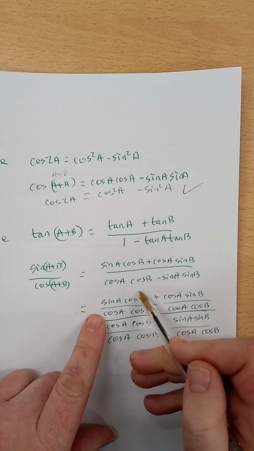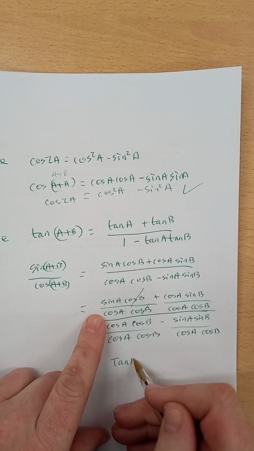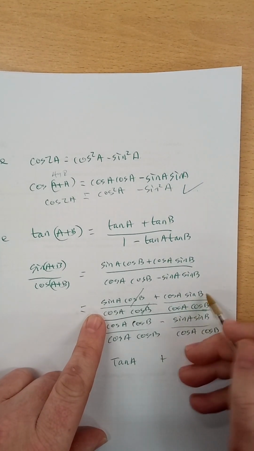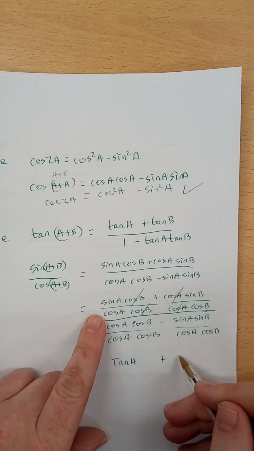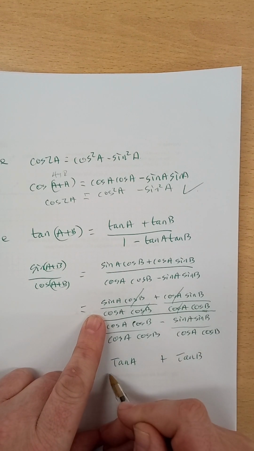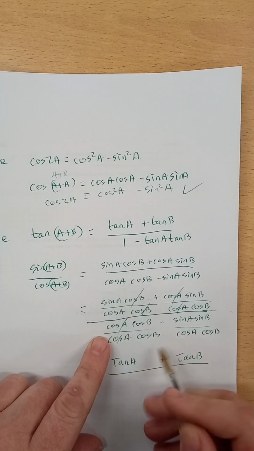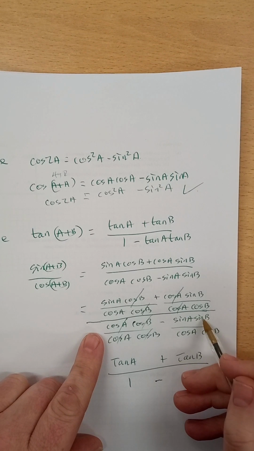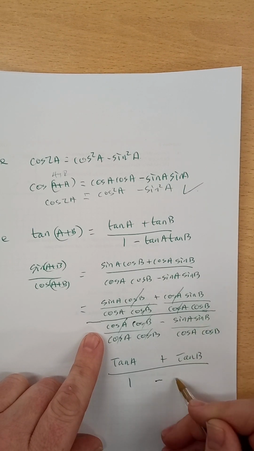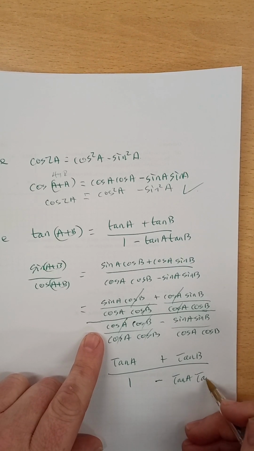Okay, watch. Cancel, cancel. Sine over cos is tan of A. Plus, cancel, cancel. Sine B over cos of B, tan of B. Over cos A over cos A, cancel, cancel, that's 1, minus sine A over cos A is just tan A, sine B over cos B, tan B.